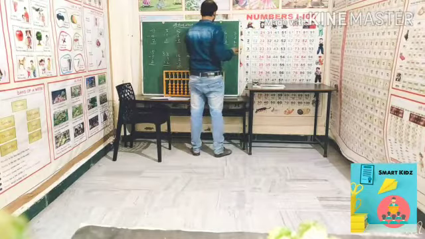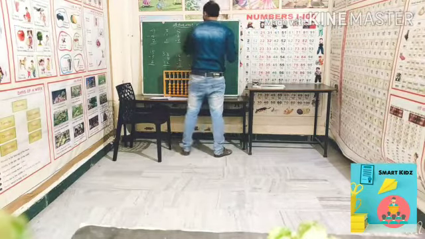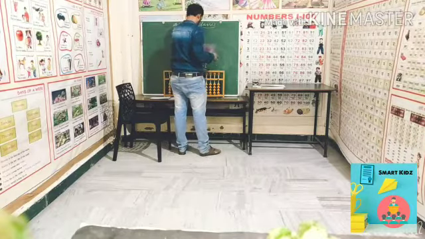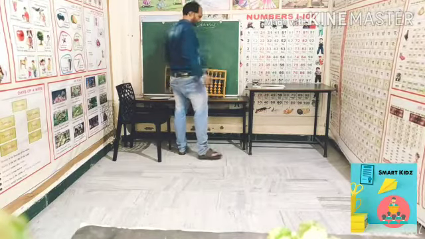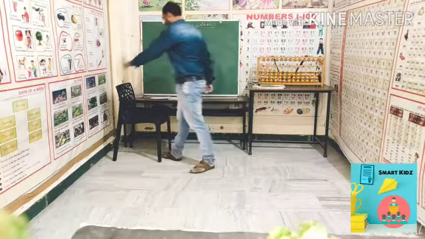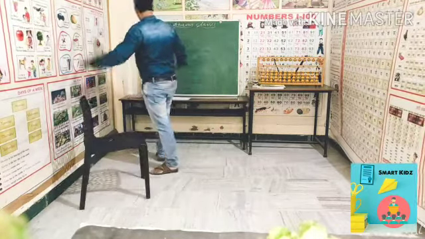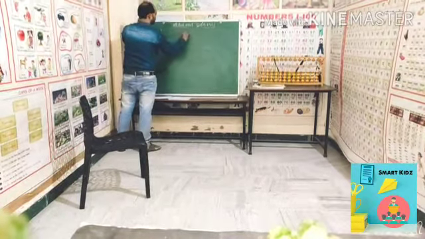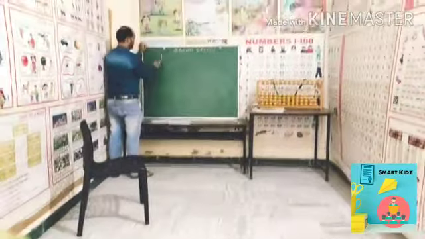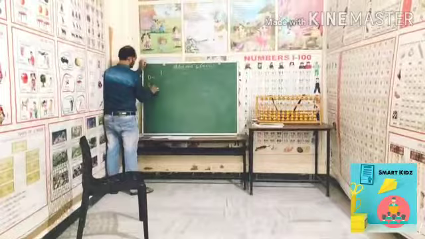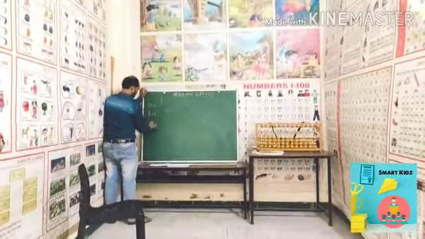Now I am once again showing you all the formulas. Once again you can see I am taking the plus and minus symbol. In plus direct, what will you do? Big, small, combination.